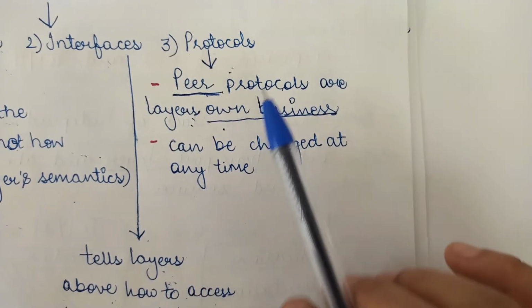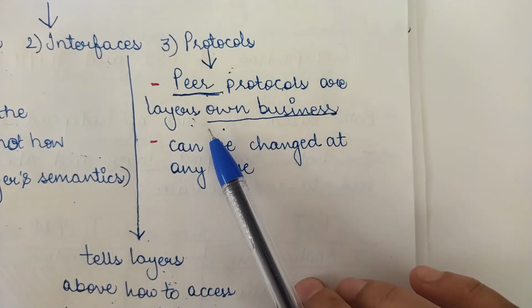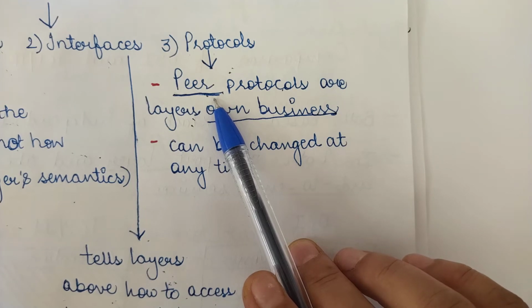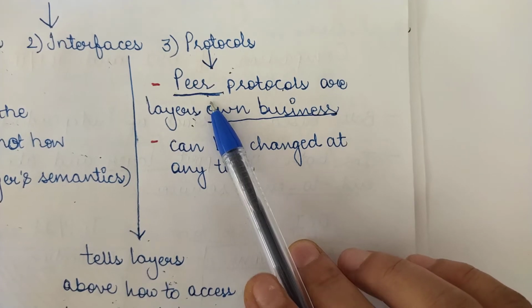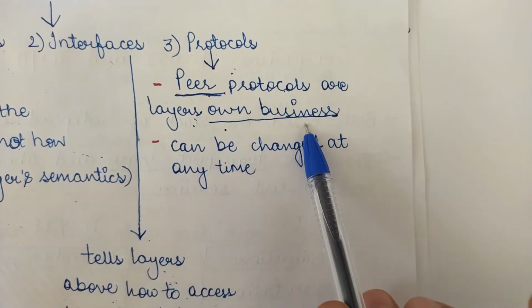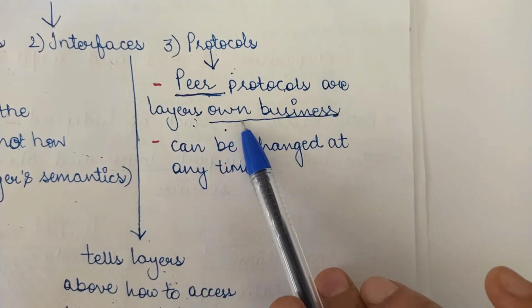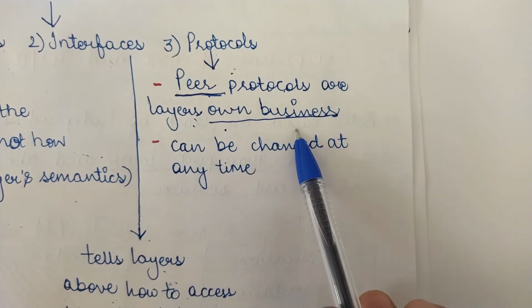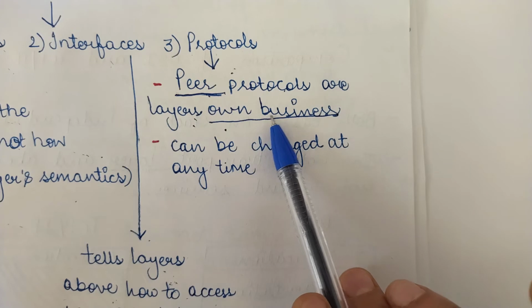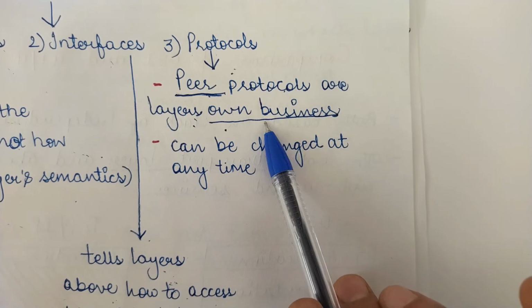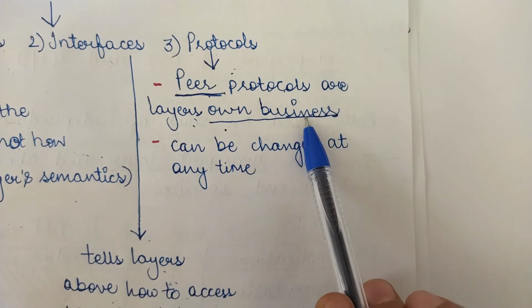Now if I talk of the protocols, the protocols are basically used for communication between peer layers. So I can say that peer protocols are the layers' own business. That means at each level, what protocol each layer is using for communication is its own business, and it can independently decide which protocol it will be using for communication.